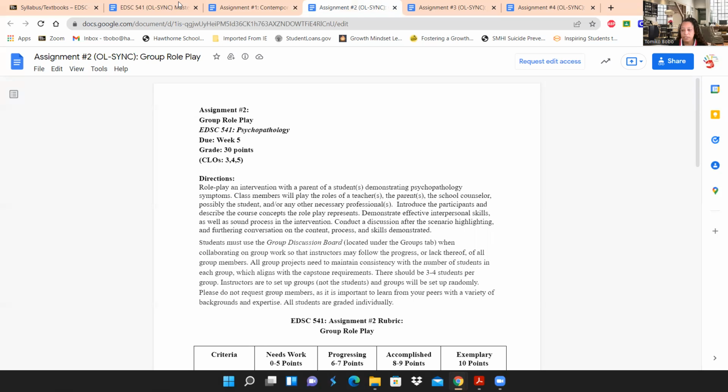You're going to introduce the participants, describe the course concept and the role play that it represents, and demonstrate effective interpersonal skills as well as sound process in the intervention. You work together to come up with the role play from the DSM-5, using something from there that a student may be diagnosed with or potentially showing symptoms of, and how you would help them academically on the campus. And that is due week 5.